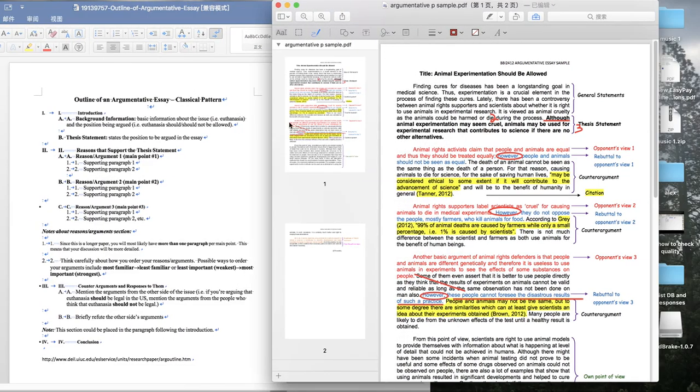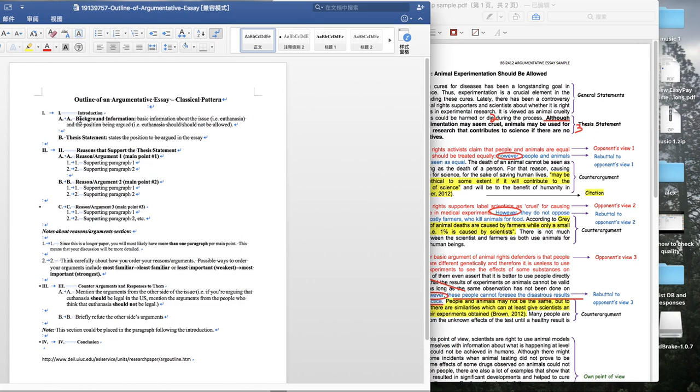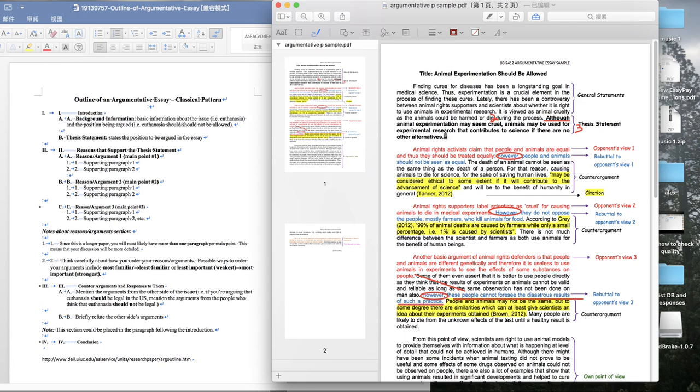Look at the outline. It is actually exactly the same as what I said. Background information, thesis, but this thesis is not complete. Okay? Because I will show you why this thesis is not completed.